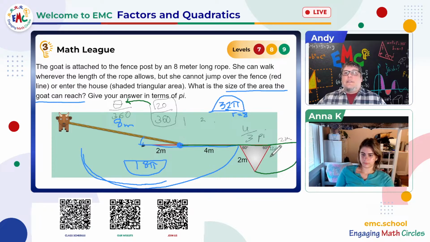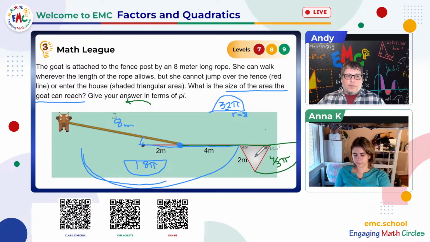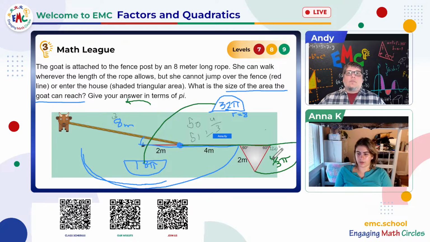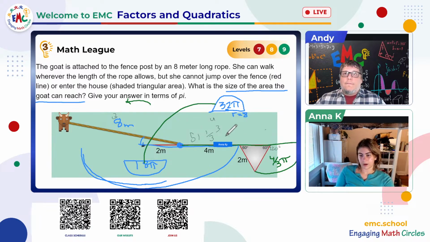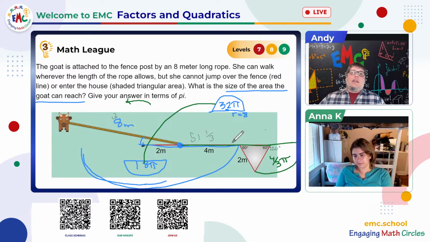Excellent. So we have 4/3 pi for this little chunk here, and we just got to put them all together. 32 plus 18 plus 4/3. Those numbers actually add up quite well. This gives us 50 and 4 thirds, or technically 51 and 1 third pi.